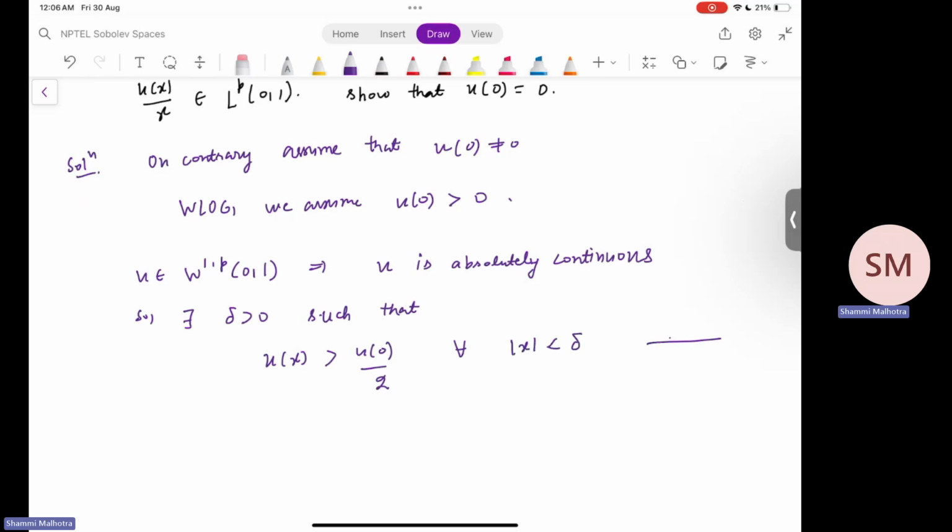So in this delta region, we have u(x) throughout greater than u(0)/2, which is positive.